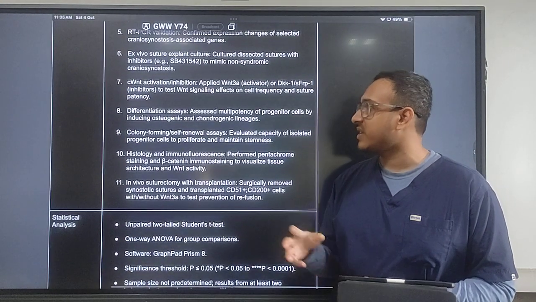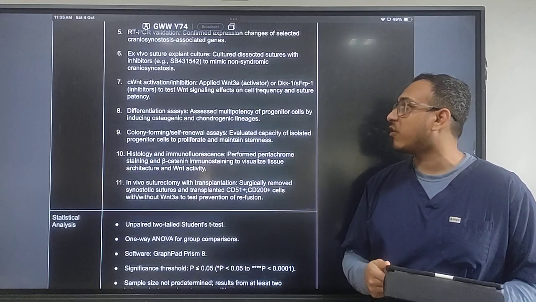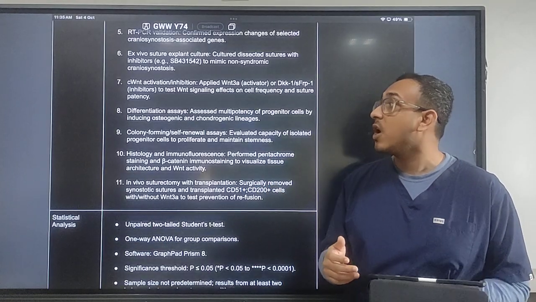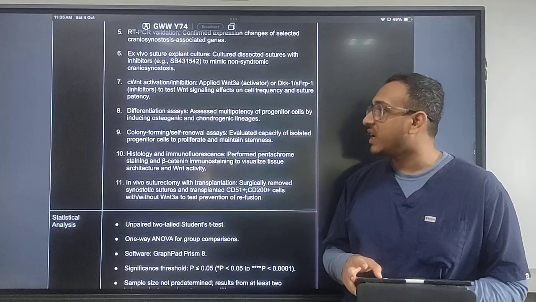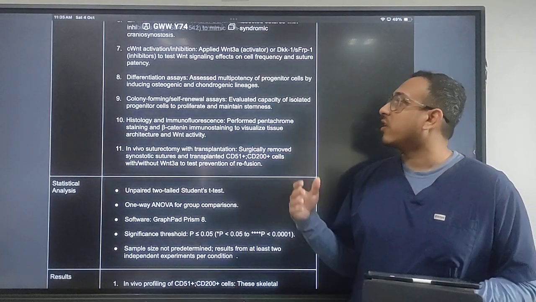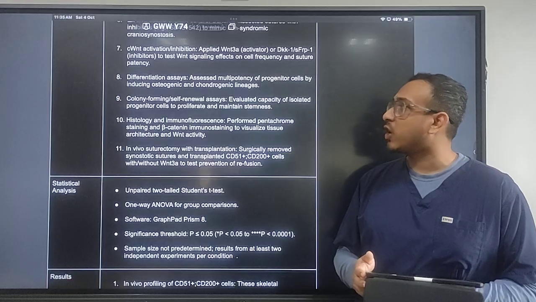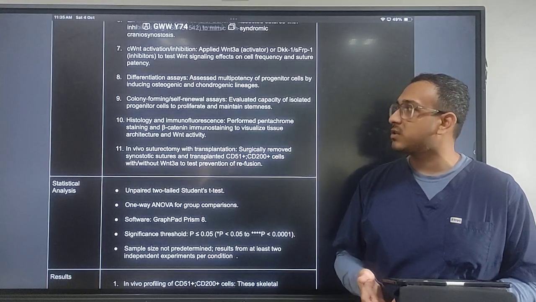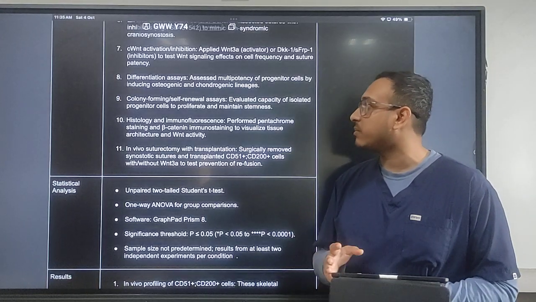In the differentiation assay, they assessed the multipotency of progenitor cells by inducing osteogenic and chondrogenic lineages. In the colony forming and self-renewal assay, they evaluated the capacity of isolated progenitor cells to proliferate and maintain stemness.